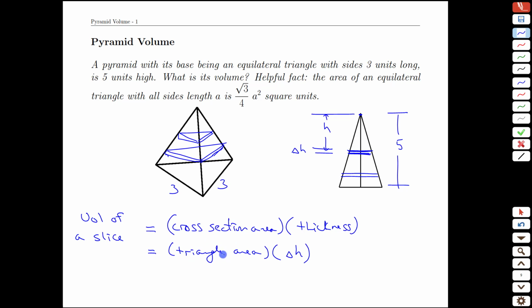Now we get to the fun part. How big is a triangle when we draw it at height h away from the peak? Well, we've been given this handy fact that the area of an equilateral triangle with all sides of length a is given by this formula, a squared and something to account for the fact that it's an equilateral triangle.